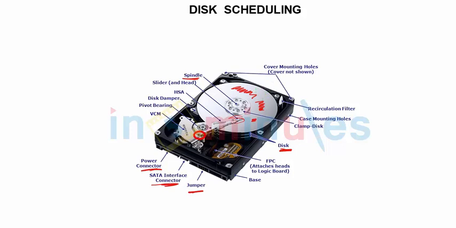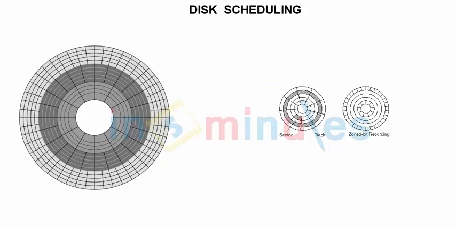Data is stored in a slightly different form, which you can see right now. As you can see, there are concentric circles, each one called a track. Then there are partitions. When you talk about a circular path, which is a track, a partition of that track would be called a sector.